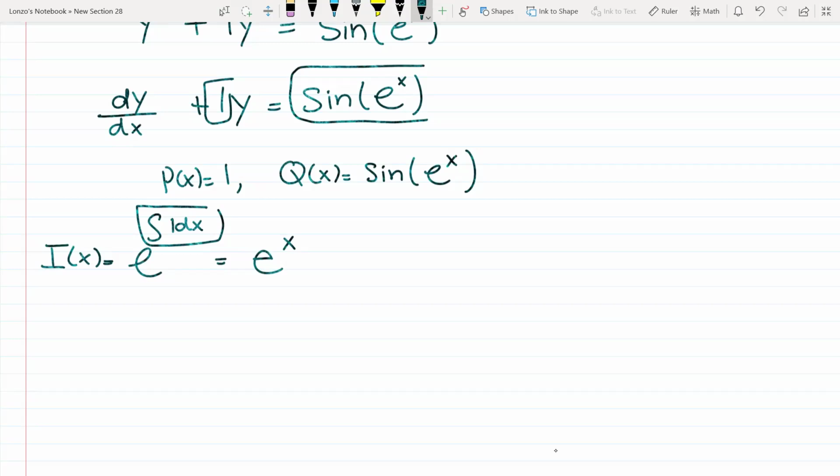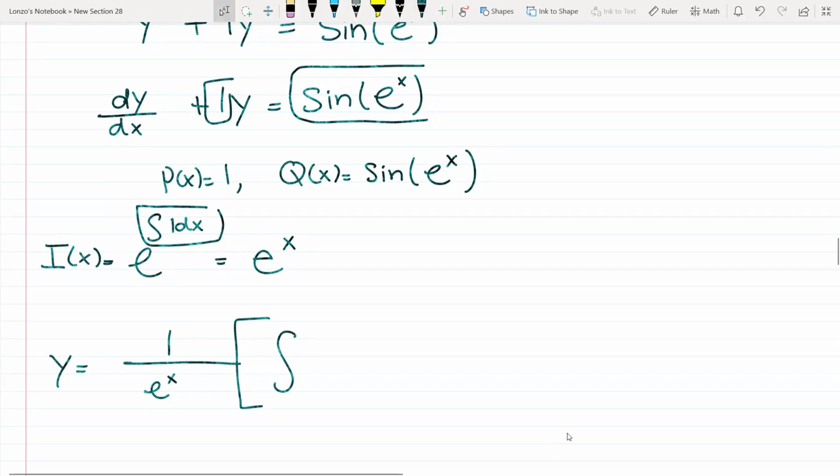Okay, and then we put it in standard form. So it's 1 over the integrating factor e to the x, bracket, integration of p of x times q of x. Is that right? No, I of x times q of x, sorry.